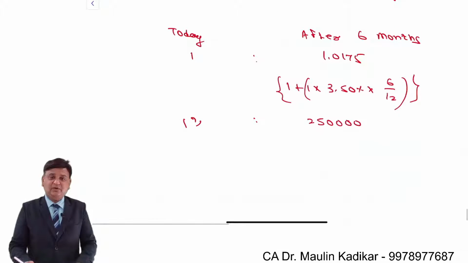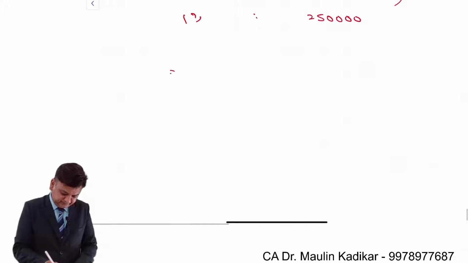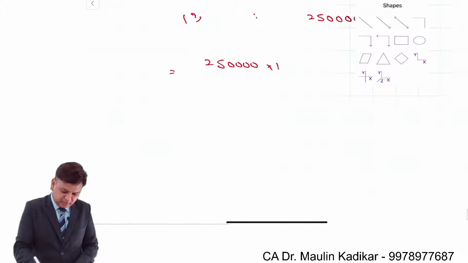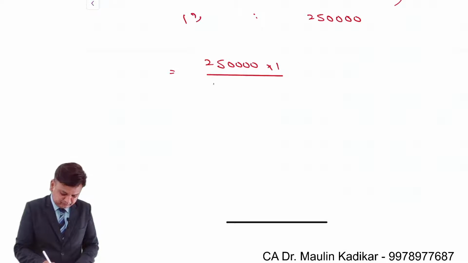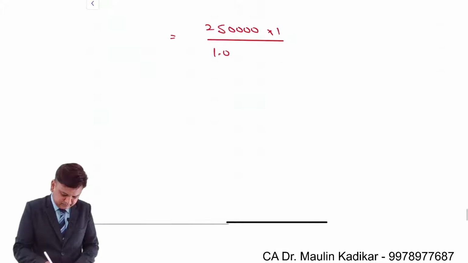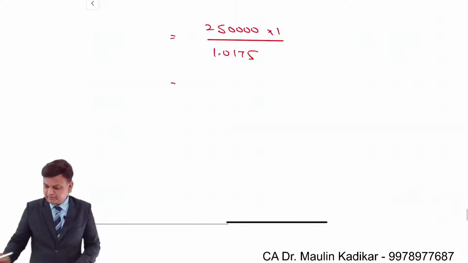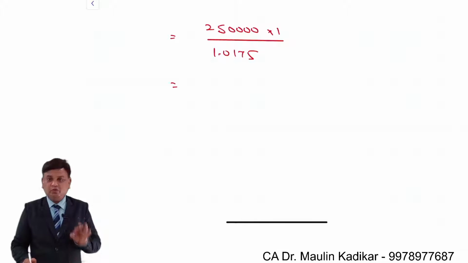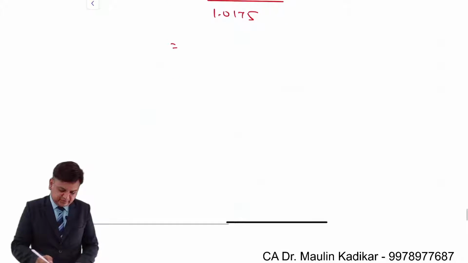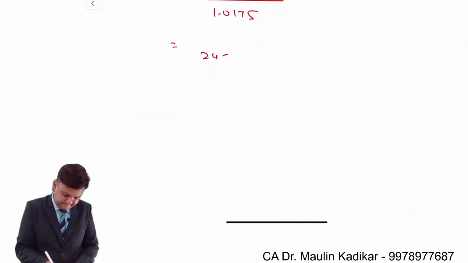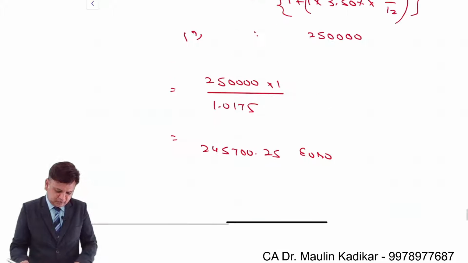So today this is the amount which is supposed to be invested: 2,50,000 into 1 divided by 1.0175. So the answer is 2,45,700.25. Okay.